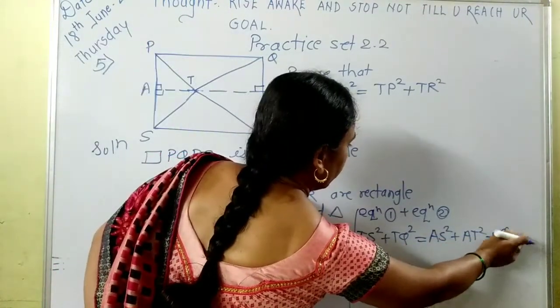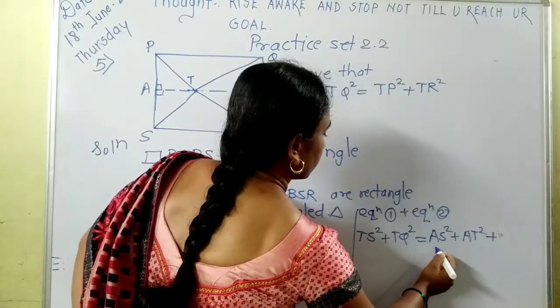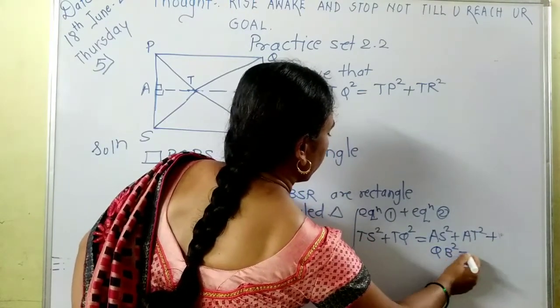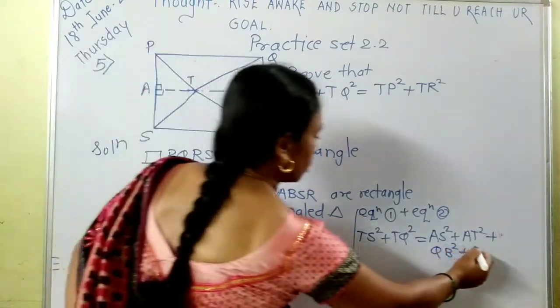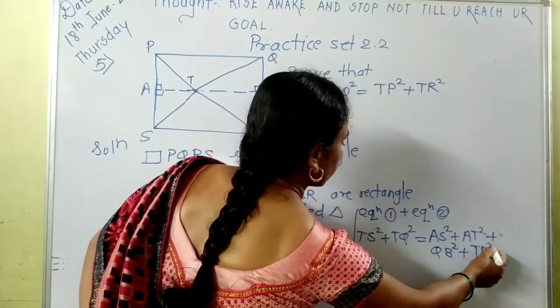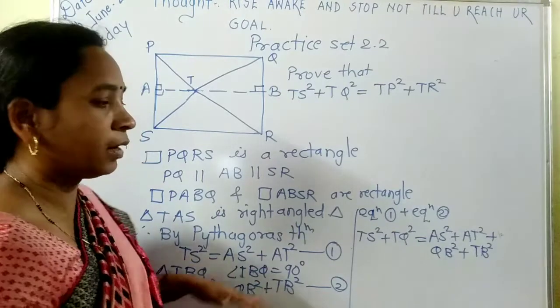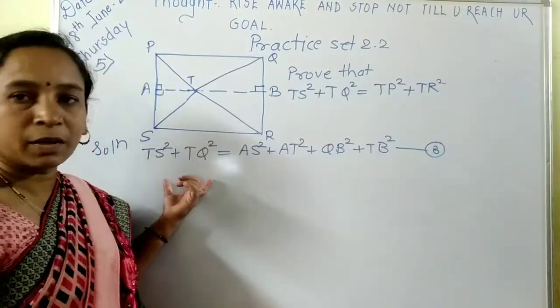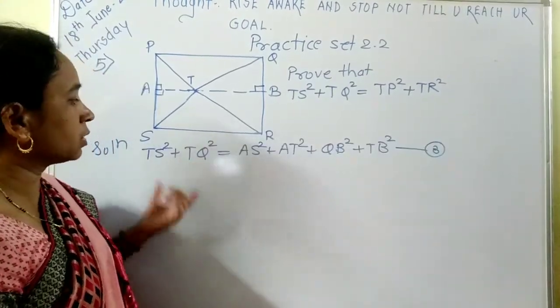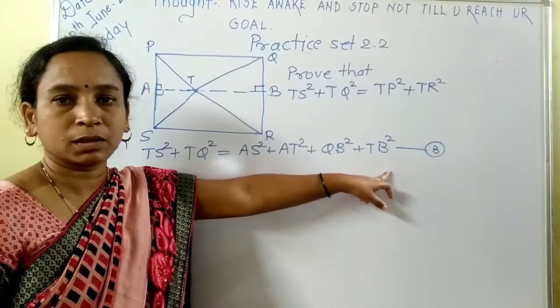Plus QB square plus TB square. So I have got these by adding equations 1 and 2. I have written this as equation number 3.